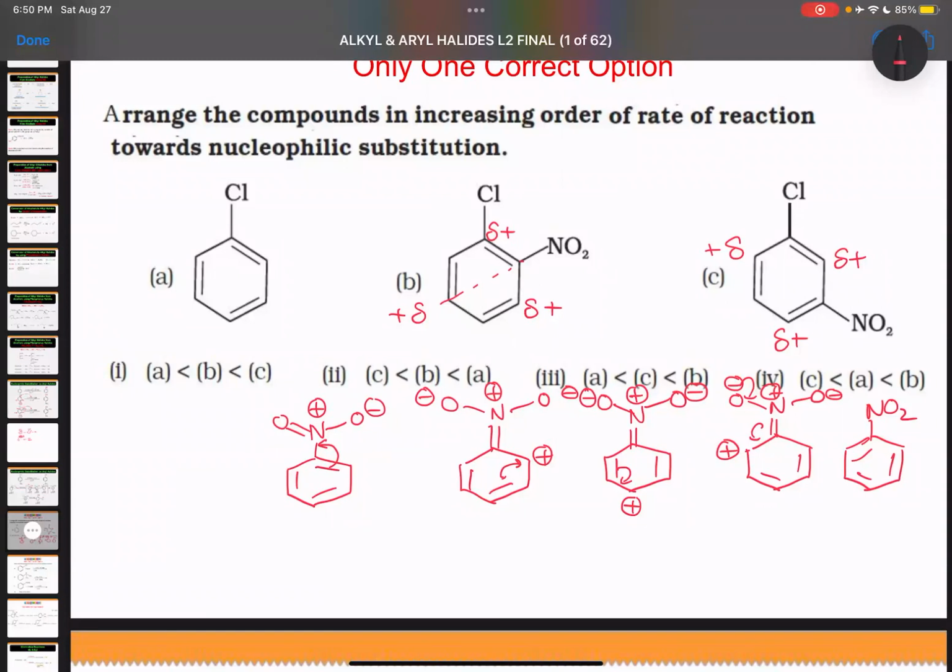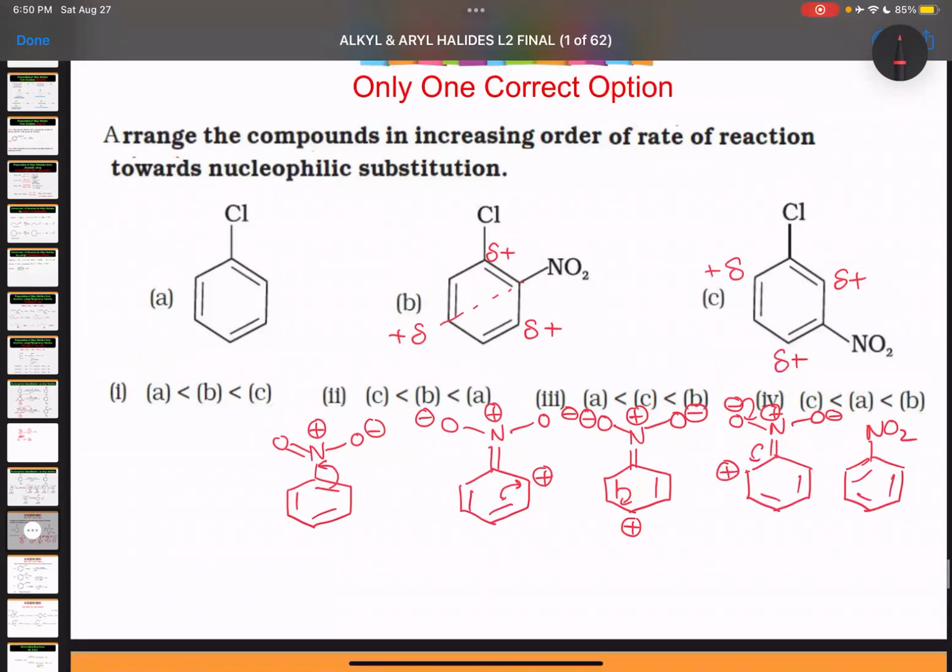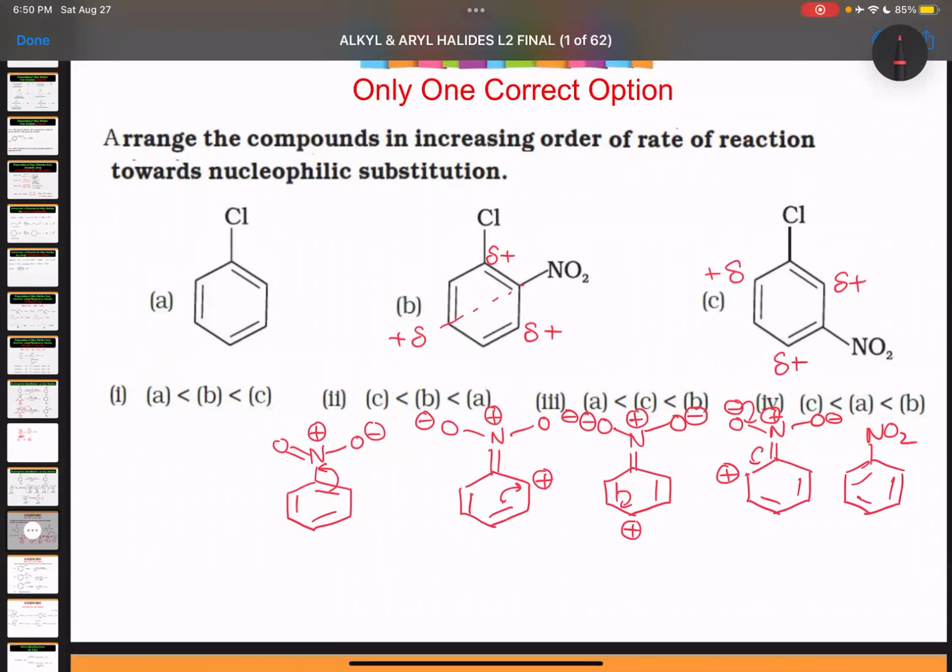Now you have to compare the rate of nucleophilic attack. If you have positive charge, it makes the attack of the nucleophile easier. Is it clear? The attack of OH minus is going to happen more easily at this position.